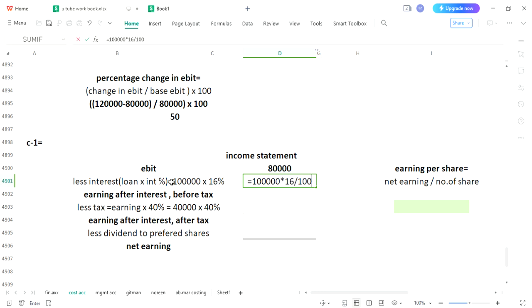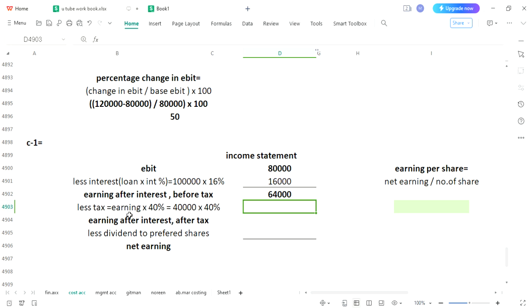So you have calculated your amount of interest. Now you can calculate earning after interest, which is simply you will deduct interest from EBIT. Your EBIT is 80,000, subtract amount of interest, which is 16,000. You have got earning after interest.